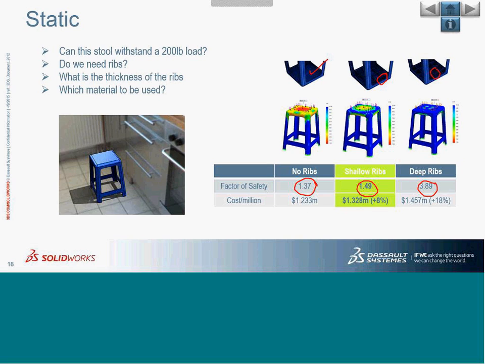Though I'm increasing the cost by around 8%, I'm getting a good strong stool which may avoid any failures in the field. However, I don't want a stronger stool wherein I'm spending 18% more than the original design. So if I have to take decisions like this, wherein I want to conclude on the best design, then a tool like SolidWorks Simulation can help you.